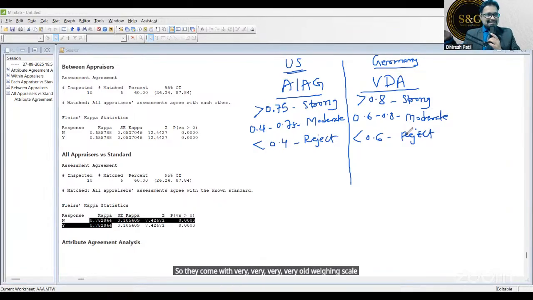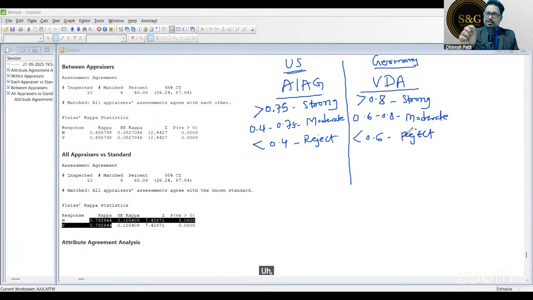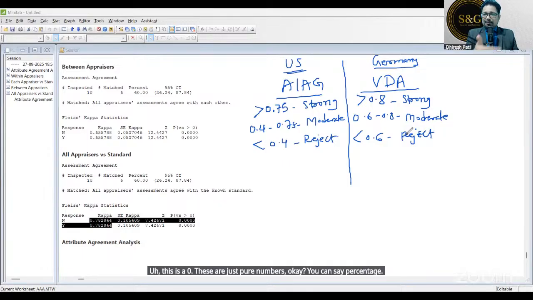Just understand the analogy. There is no unit in this. These are just pure numbers. You can say percentage, 75%.